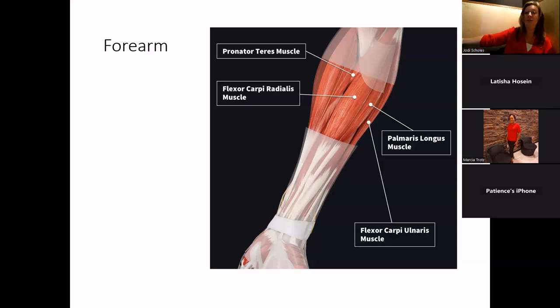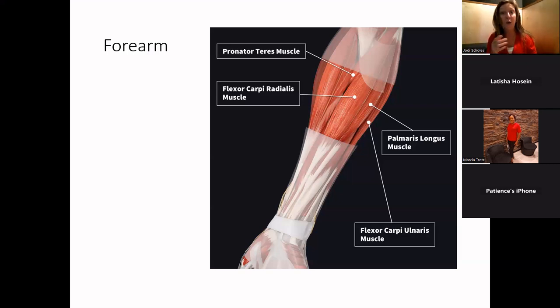So anatomical position, flexors of the forearm, extensors. Nice stretch if you haven't done it lately. Extensors of the forearm. So flexors of the forearm, flexing those muscles. Extensors of the forearm.